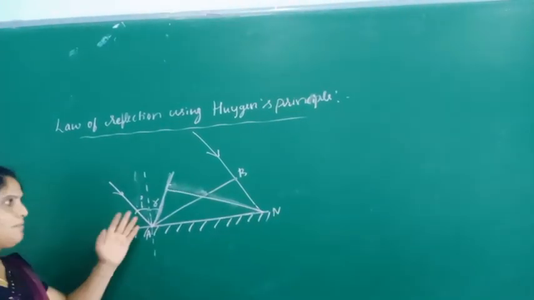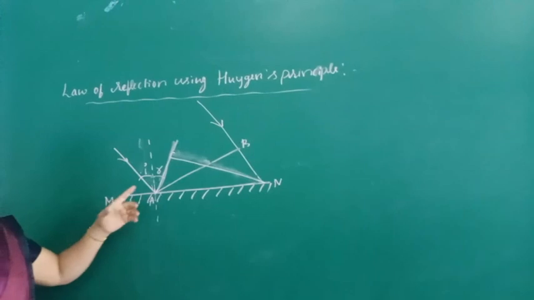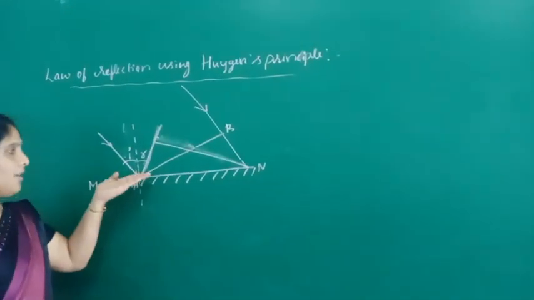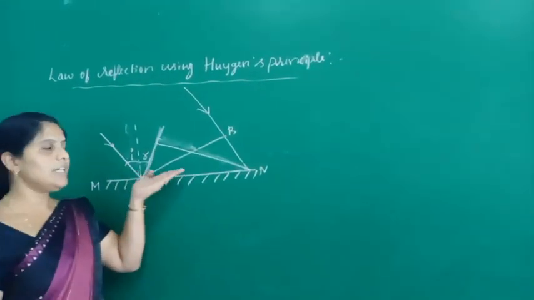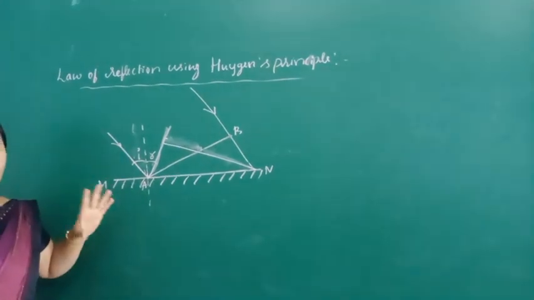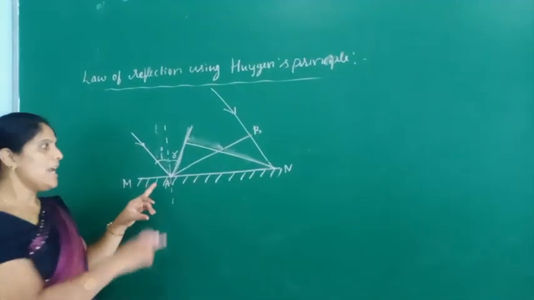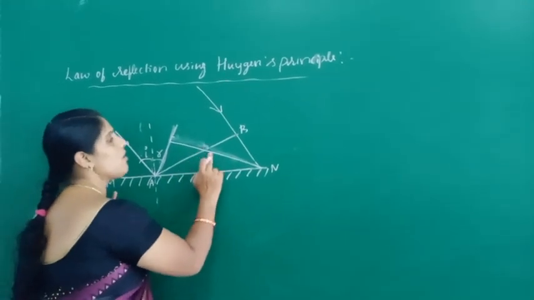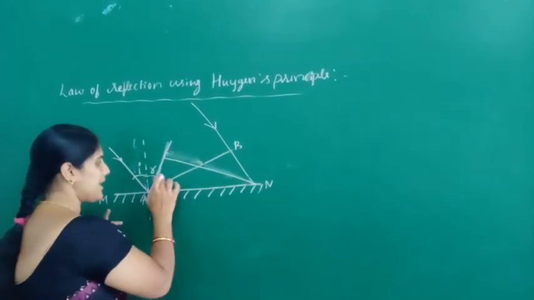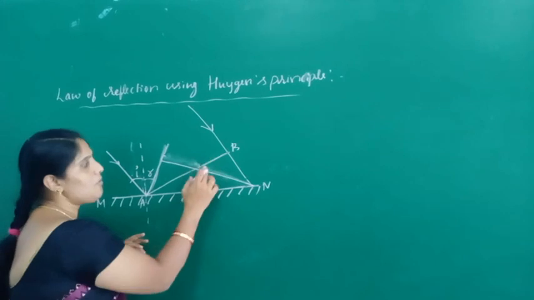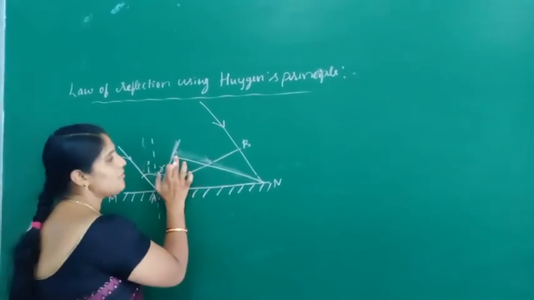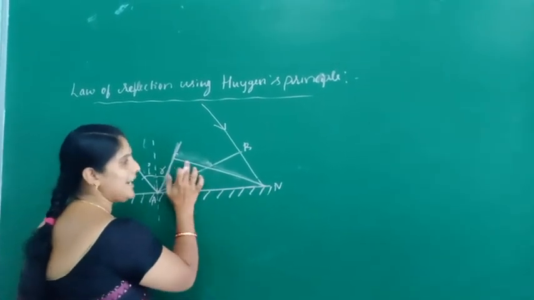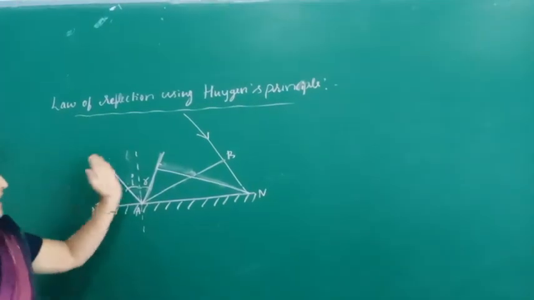How do you get this plane wavefront? When a wavefront is incident on the reflecting surface, what happens? According to Huygens' first principle, each point on the wavefront is the source of secondary disturbance called secondary wavelets. That means secondary wavelets are formed. Suppose you draw a common tangent for the secondary wavelets, you will get a tangential surface.